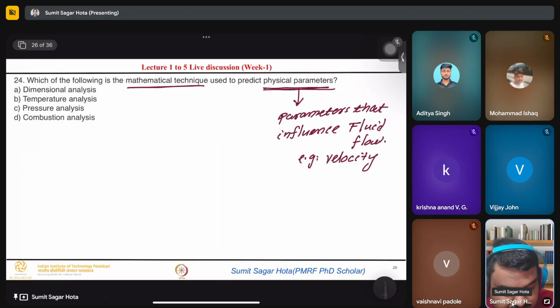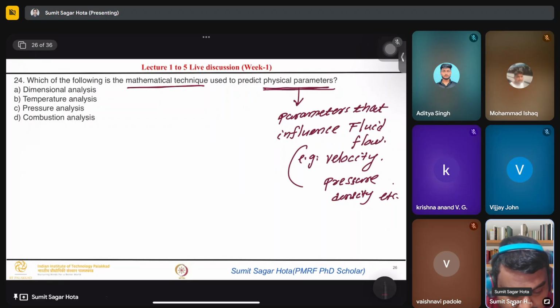Velocity, pressure, density, etc. Obviously it's not a temperature analysis, because velocity cannot be found through temperature analysis.